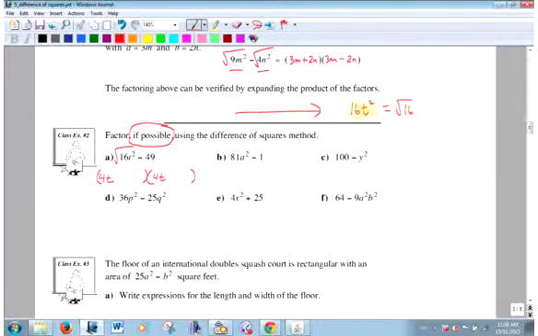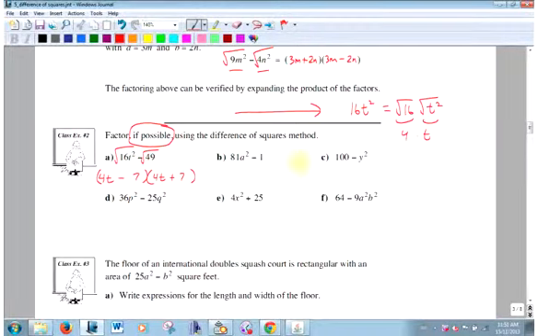I can go root 16 times root t squared. That's 4. That's t. 4t. If it's too cluttery, break it down into chunks. What's the square root of 49? 7. Plus, minus, you're done.